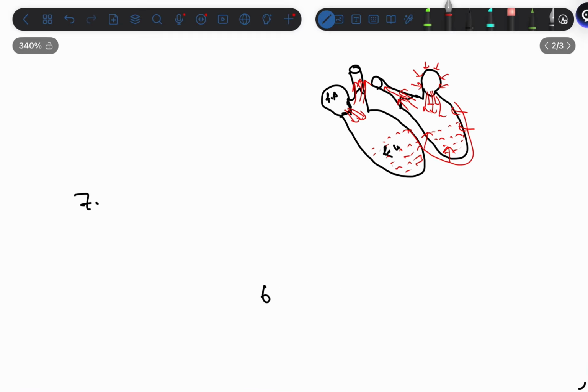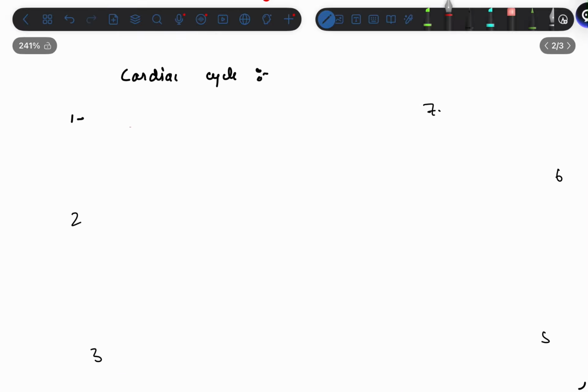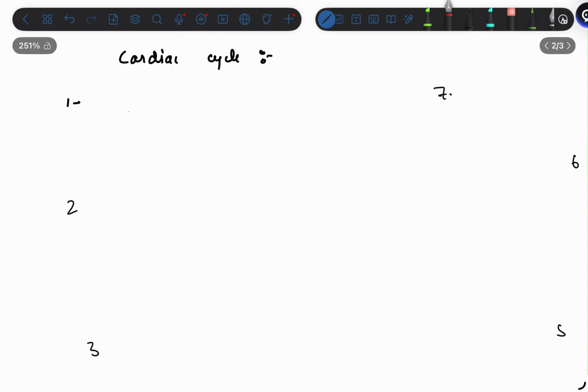Now we are going to start the cardiac cycle. So the first phase is the phase of atrial contraction.